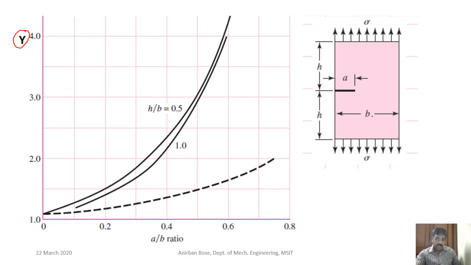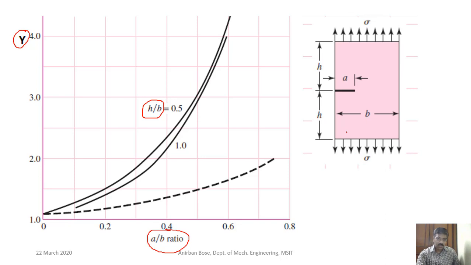These dimensions are there, and you see different curves corresponding to some dimension ratio. The X-axis also depends on geometrical ratios, so this Y value depends on the geometry of the crack, the relative geometry of the crack with respect to the plate, and also the type of loading.